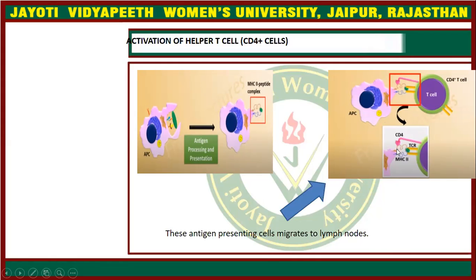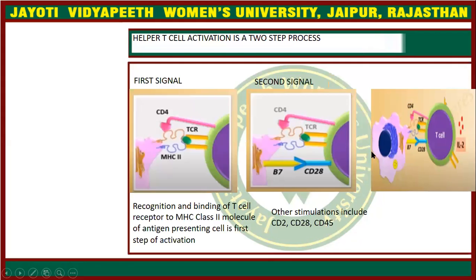This CD4 receptor binds to the major histocompatibility complex, but the other receptor binds to the antigen. Here, the green one binds to the antigen, and this binding will activate the T cell.